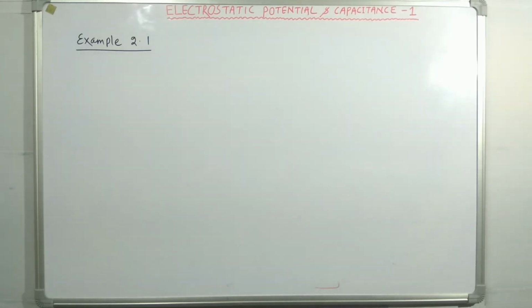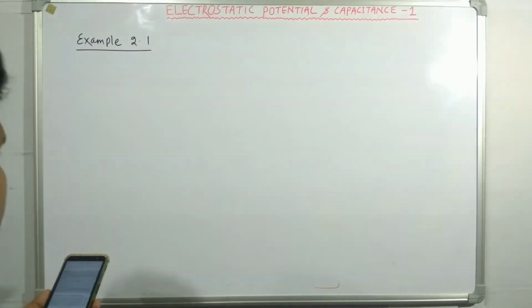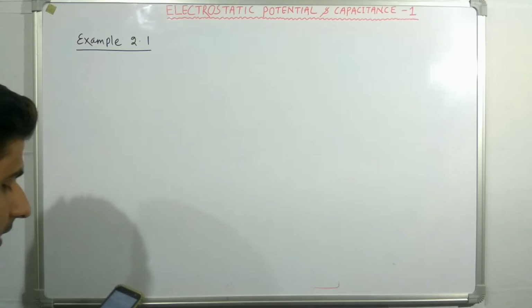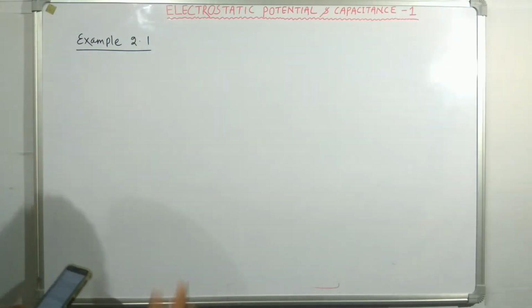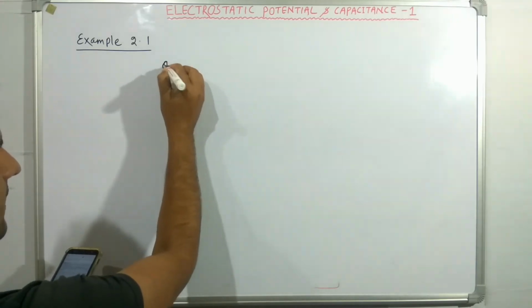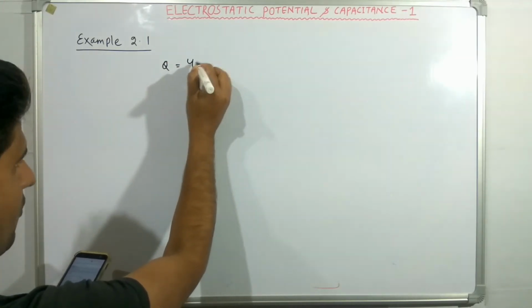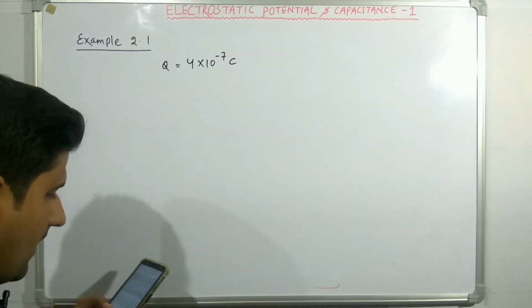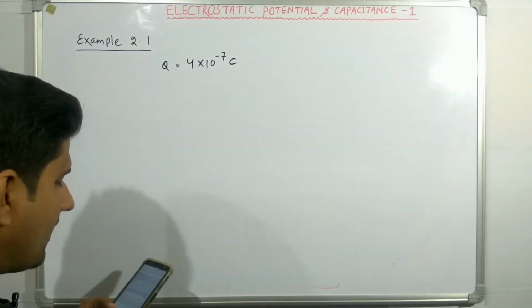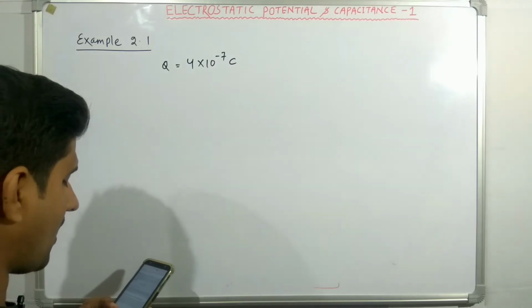Let's move to example 2.1. In the first part, calculate the potential at a point P due to a charge. The charge is given, 4 into 10 to the power minus 7 coulomb, located at a distance of 9 centimeters away.